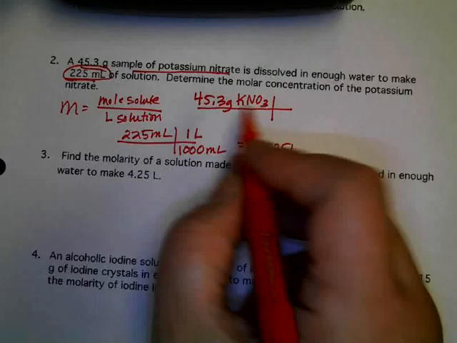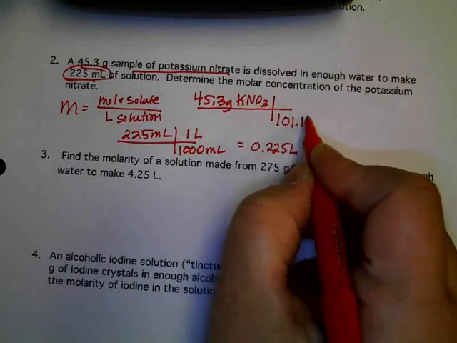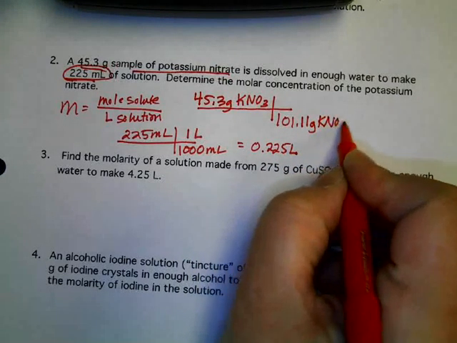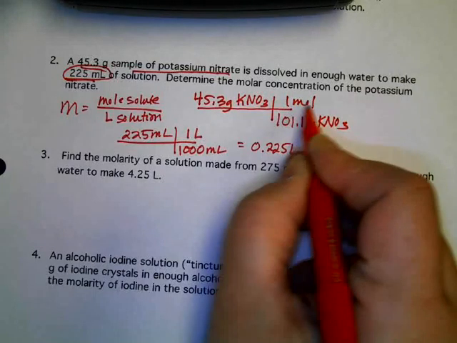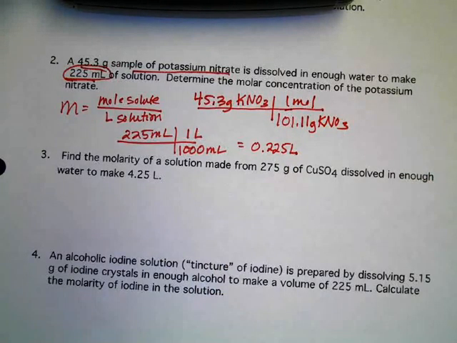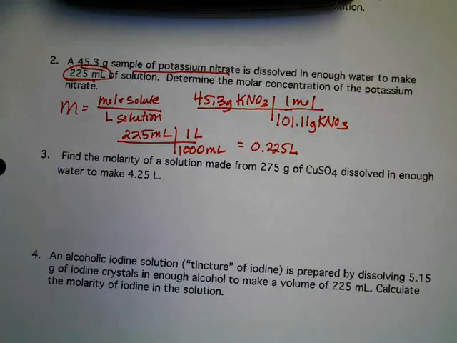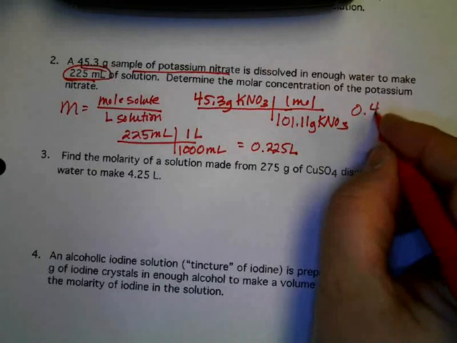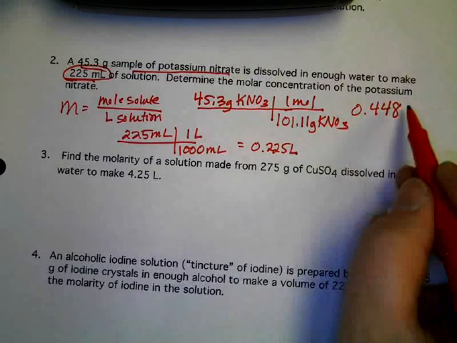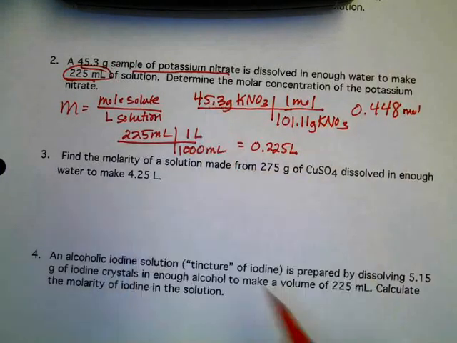So this is 101.11 grams of potassium nitrate in 1 mole. So I'm going to take 45.3 divided by 101.11, and that's going to give me 0.448 moles. I'm going to keep that because this was 3 sig figs.